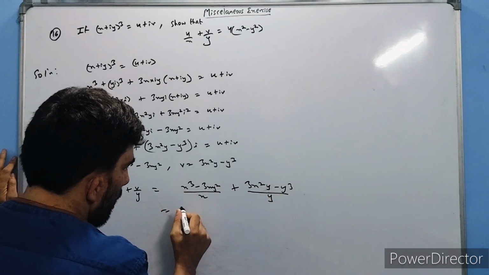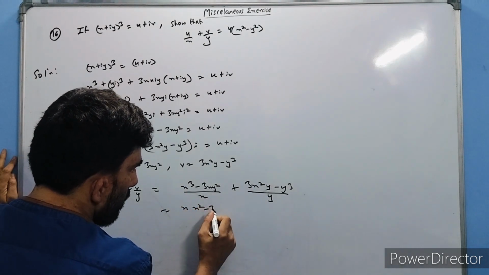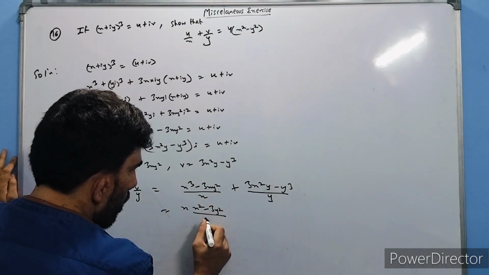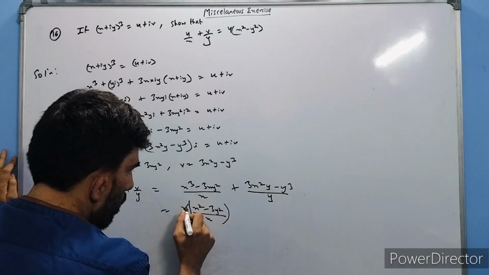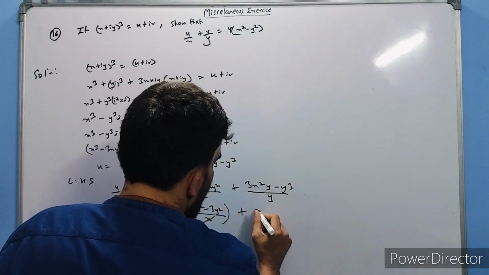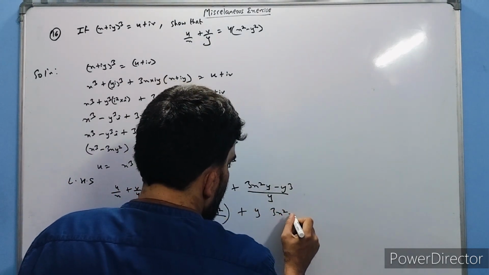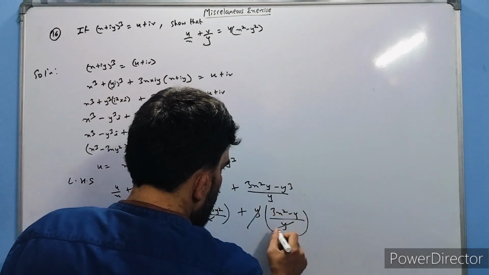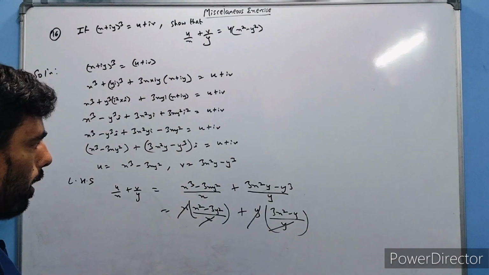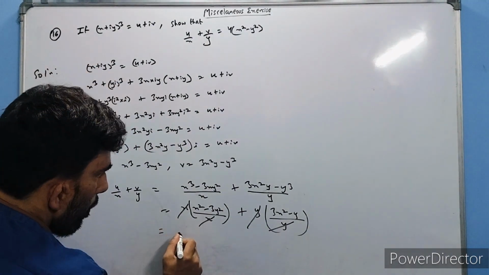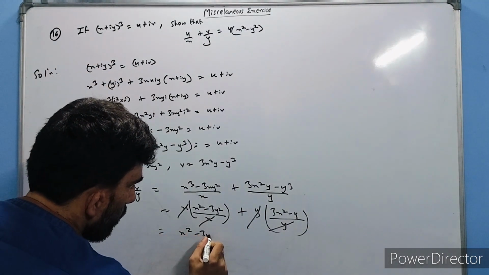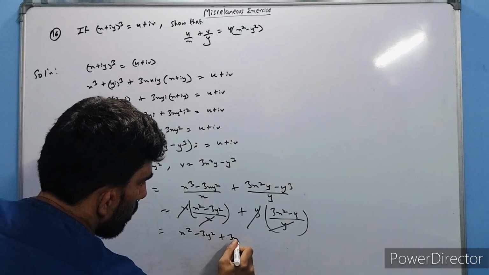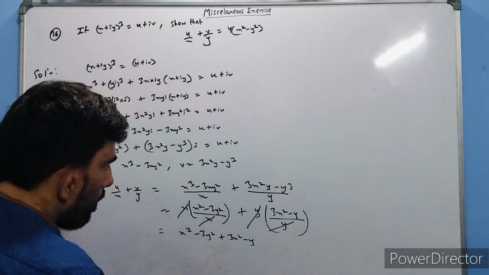So now let us try. If I take x common here, I got x² minus 3y², and here also I will take y common, so I have 3x² minus y². So what I got here, x² minus 3y² plus 3x² minus y².